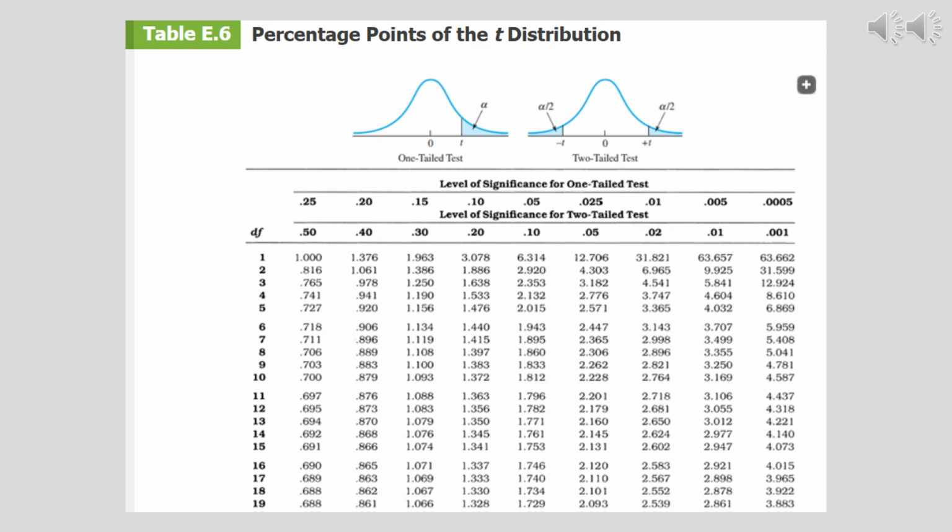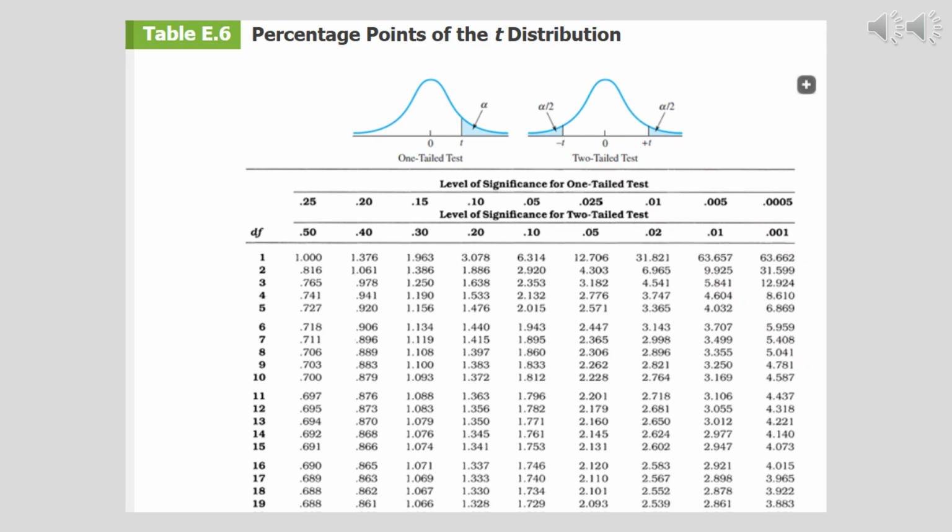Remember, these distributions represent the null hypothesis, and they say there is a correlation of 0, no relation between these two variables. So if we find a very extreme t-score that lies in the critical region, we can say that would be very unlikely to see if the null hypothesis was true.